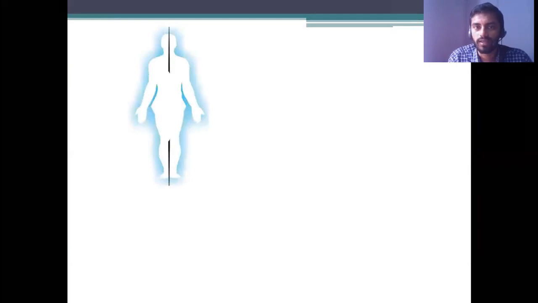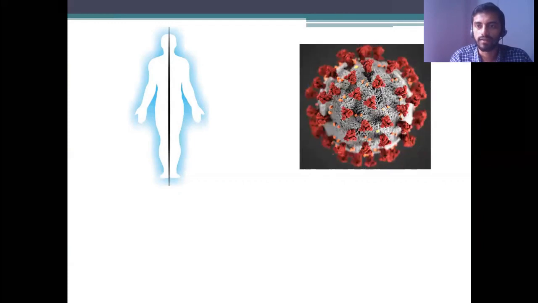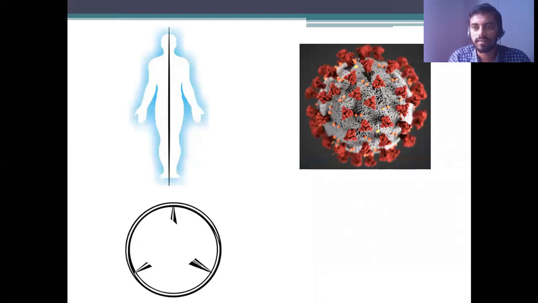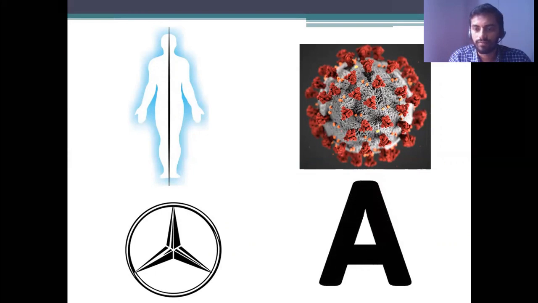Our human body we can also cut into equal halves, so there is bilateral symmetry in it. The coronavirus contains bilateral symmetry and also radial symmetry, so we can say it has a multi-dimensional symmetry. The famous Mercedes-Benz icon has symmetry, and the alphabets A and O also contain these types of symmetries. A contains bilateral symmetry, O contains multi-dimensional symmetry.